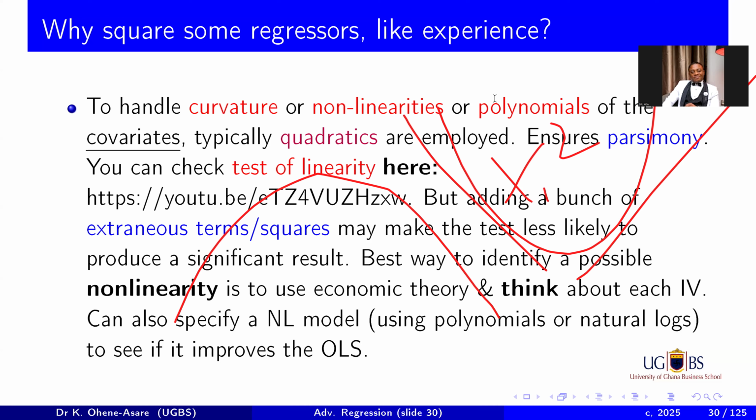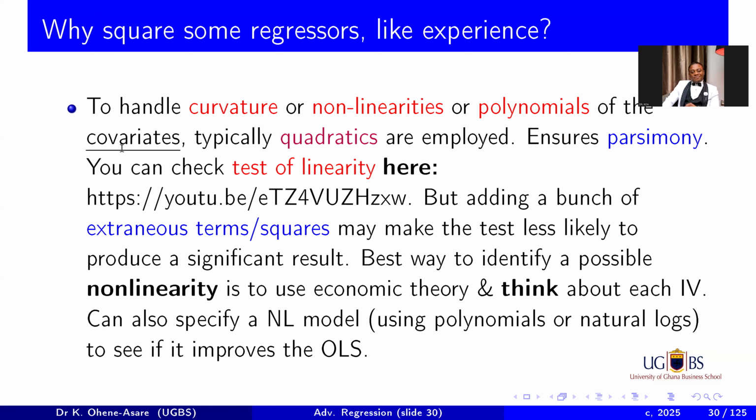But what is the theoretical justification for squaring? Well, certain things can be squared. If there is a strong belief that some particular variable raises the wage, and it gets to a point where it reduces your wage. So let's take experience. There are certain things that reduce over time.